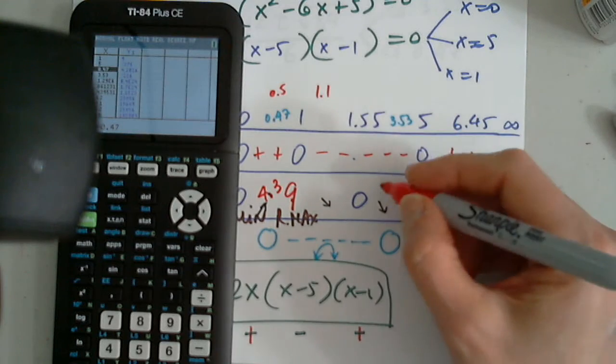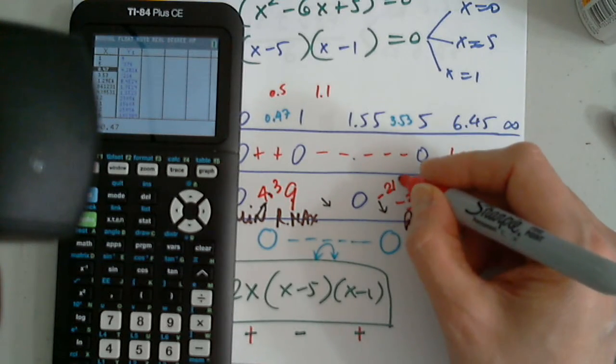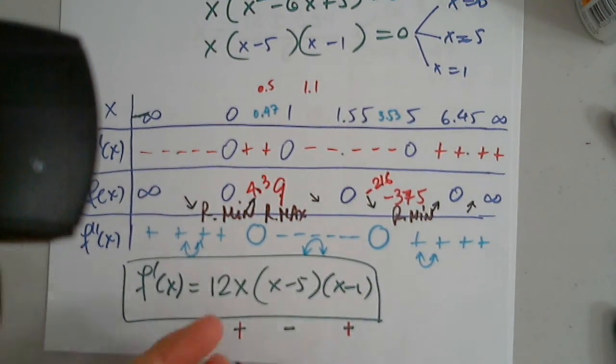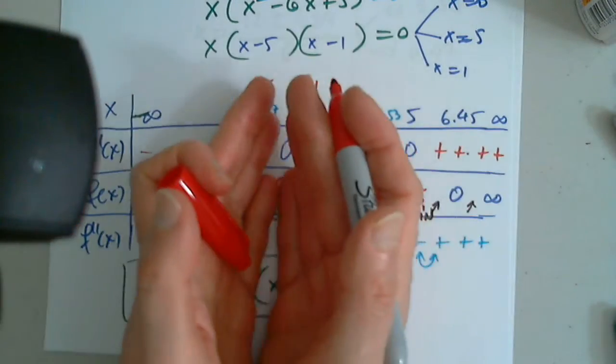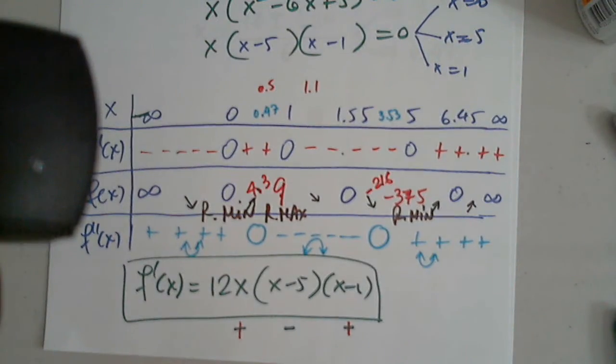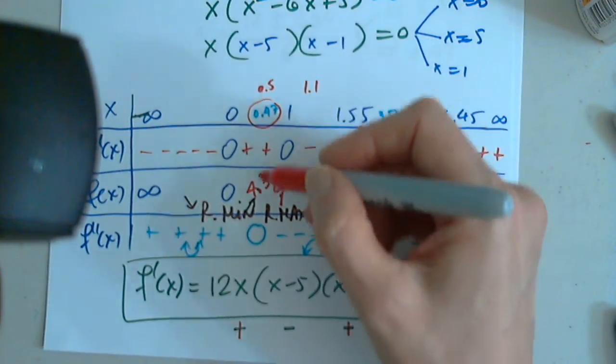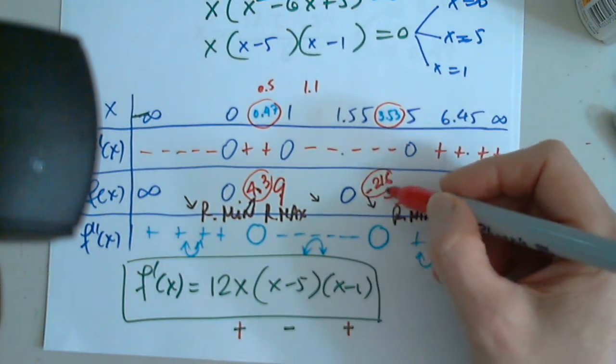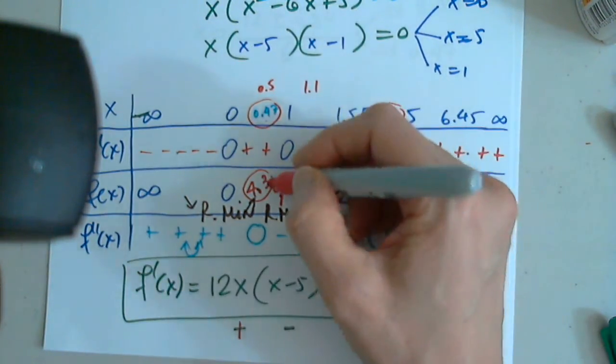And with 3.53 is negative 216. See, that's why I want my table to have room, to have air. It doesn't. So I'm going to circle so you know what I mean.